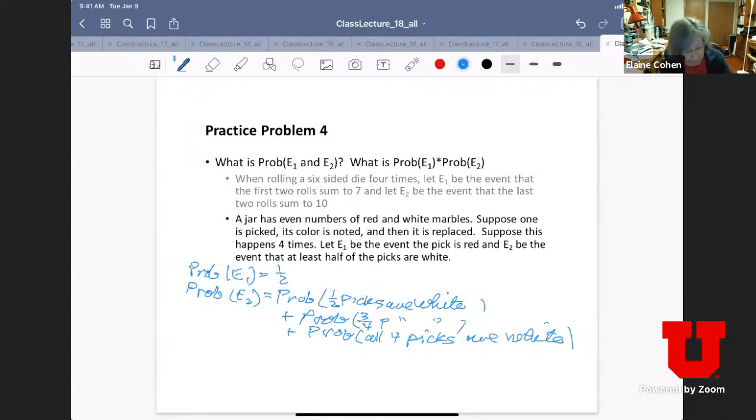So what would that be? Well, half the picks are white would be a half. The probability that 3 of the picks are white is the number of combinations of 4 things taken 3 at a time over, what are the picks? 4. No, 2 to the 4th.